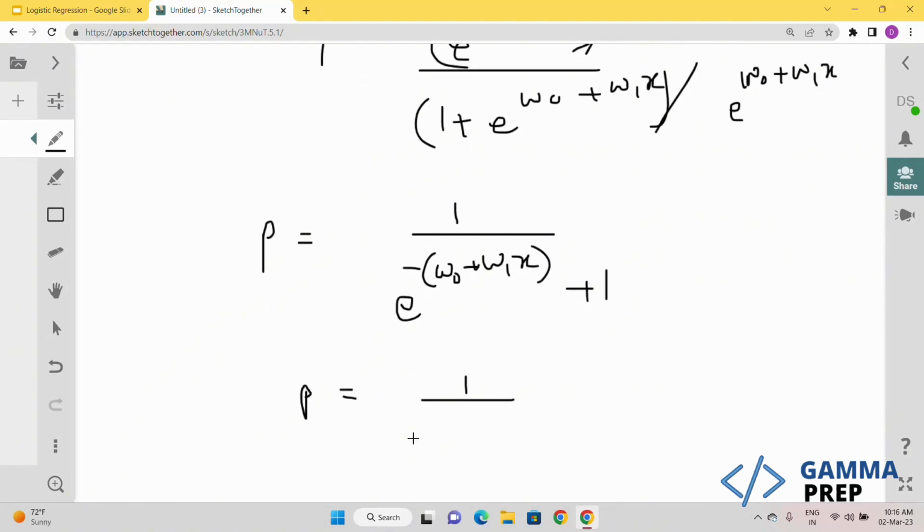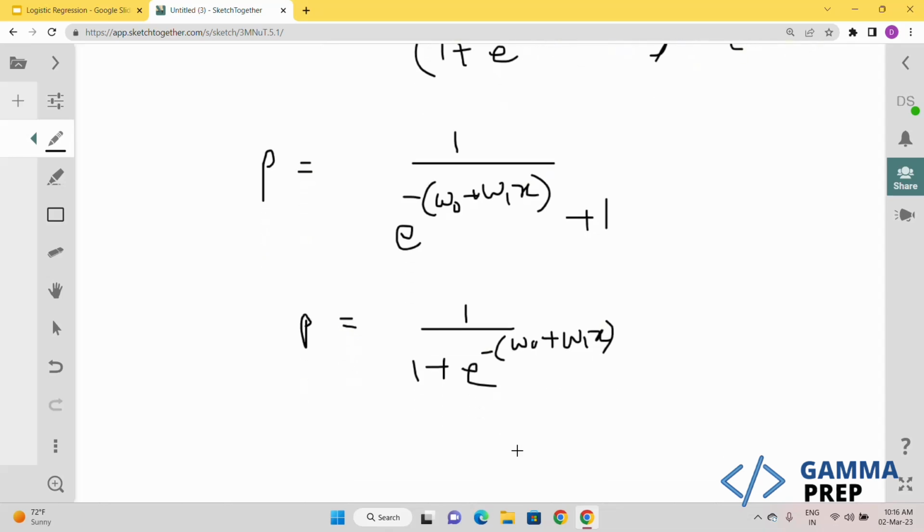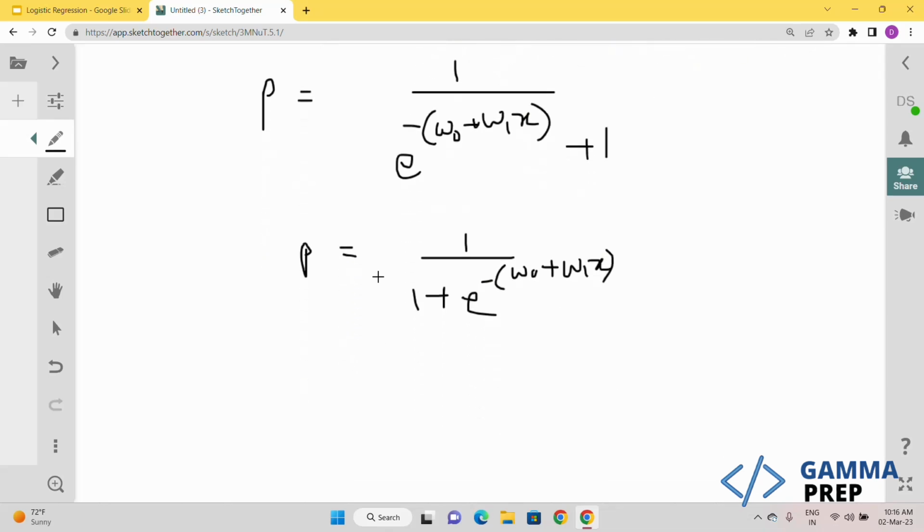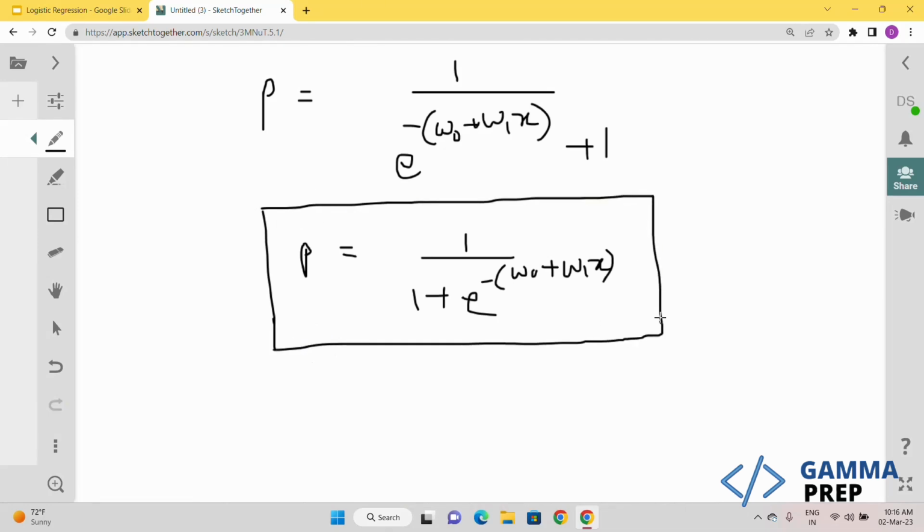So it would be like this. Now if you see, your probability is this, and this is basically your logistic regression model. This is called the sigmoid function.